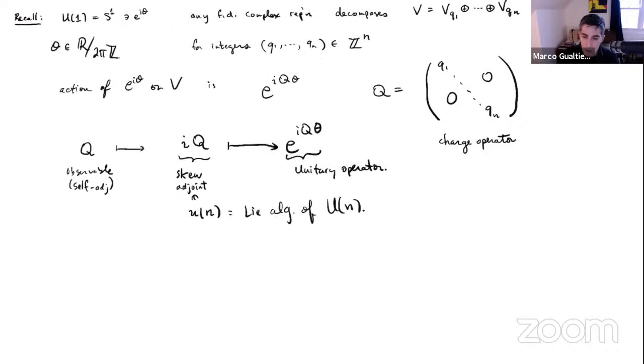So when we talk about charge, I just want to make a comment. Normally we talk about charge as something that is conserved. So what does it mean when someone says charge is conserved?